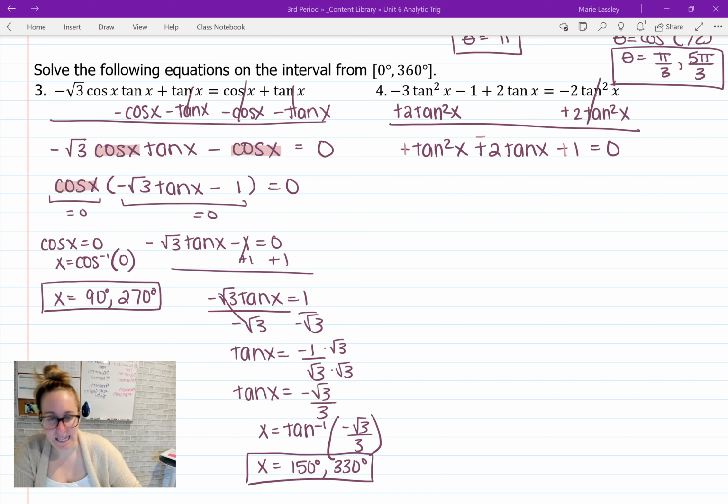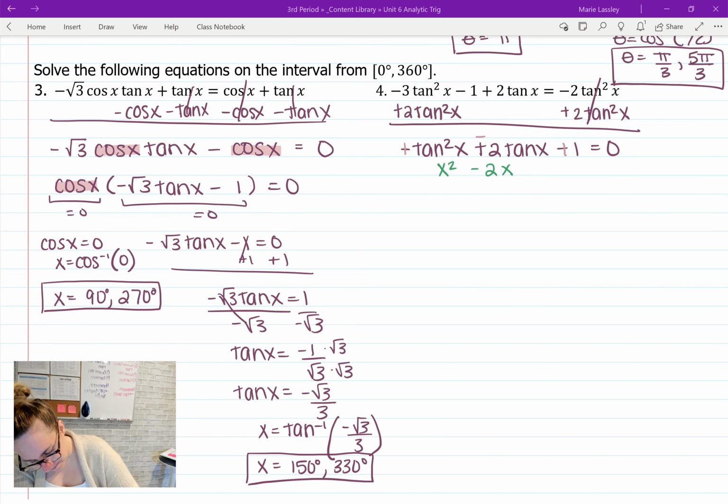Now if you like that technique where you turn it into x squareds instead of having the tangent in there, this would be the step where you would do that. So we could say that this is x squared minus 2x plus 1 equals 0. If that helps you while you're factoring, then you can definitely go ahead and do that.